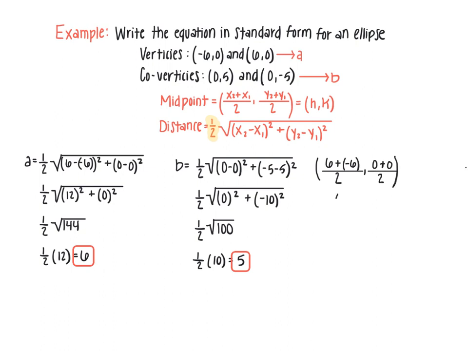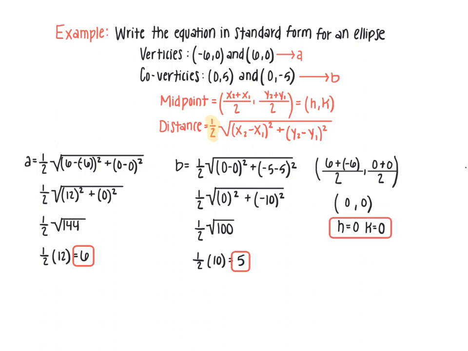And so this gives me the point (0, 0), because 6 plus -6 gives me 0, and 0 divided by any number is still 0. And then this also tells me that h is 0 and k is also 0.